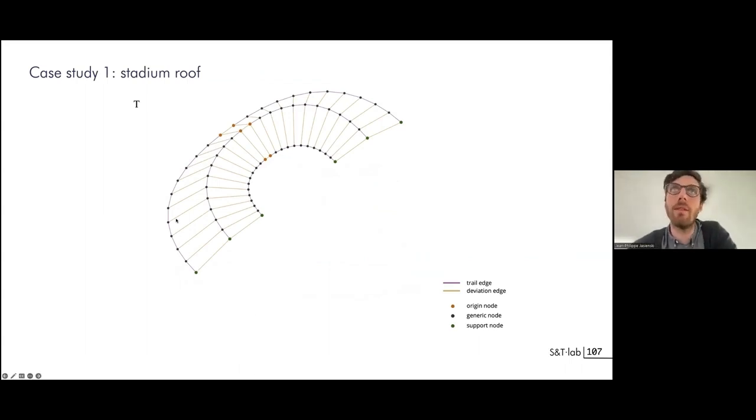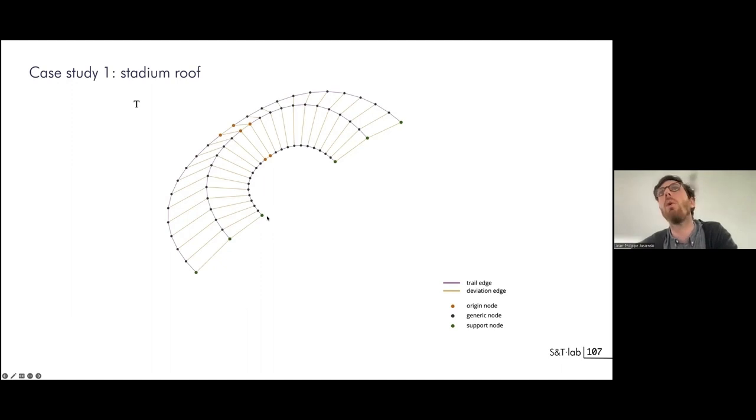So basically, this is the definition of the problem. We start with a stadium roof that is symmetrical, so we just designed half of the structure. We consider this to be the origin nodes, where the forces start, and this to be the support nodes.